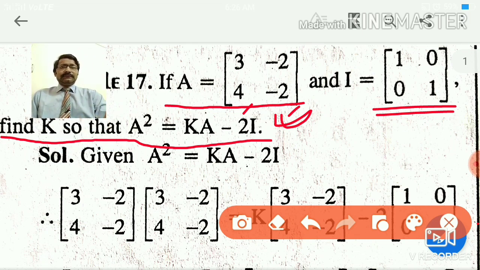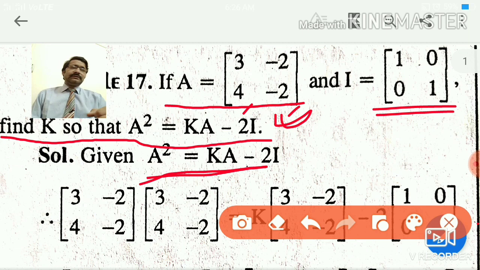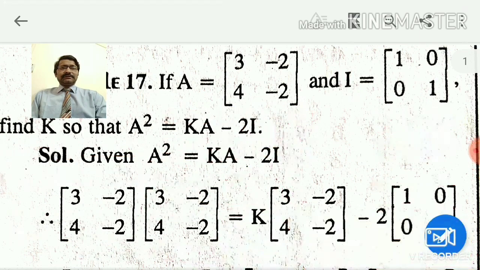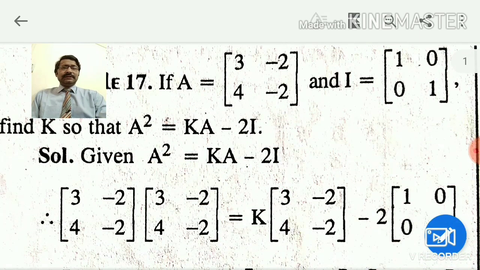Look here. First we write the equation A square equals KA minus 2I. A square means A into A, which we will do, and on the right hand side you put K into A minus 2I.